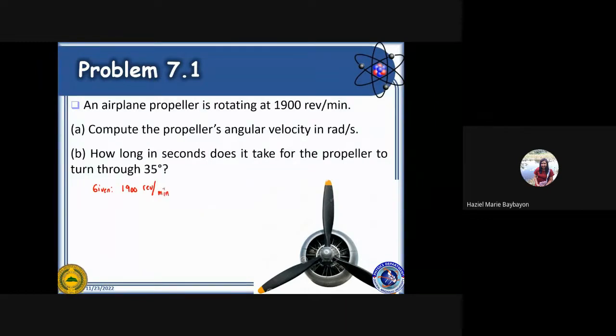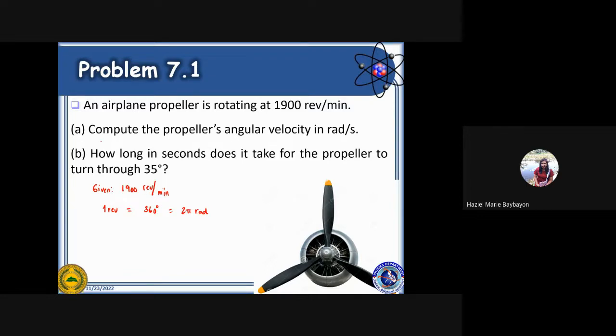Okay. Now, take note of this. 1 revolution, one turn, is equivalent to 360 degrees or 2 pi radians. Okay, so every minute, the propeller of the airplane rotates 1,900 revolutions.